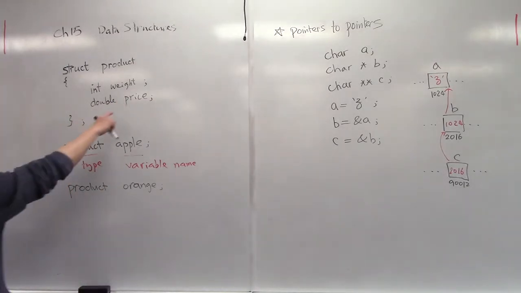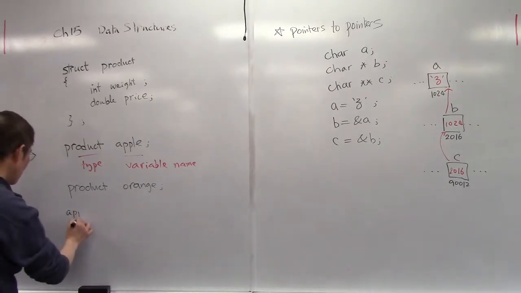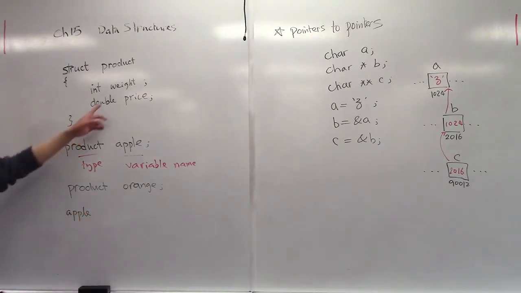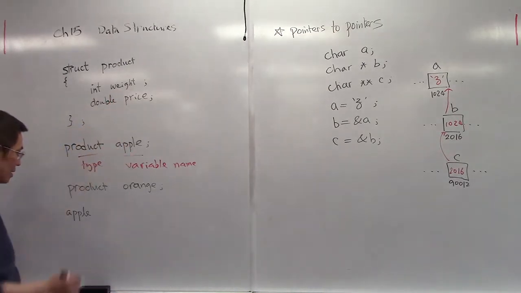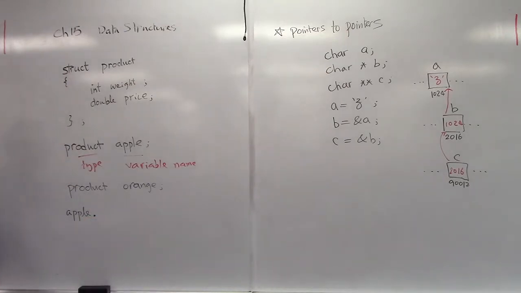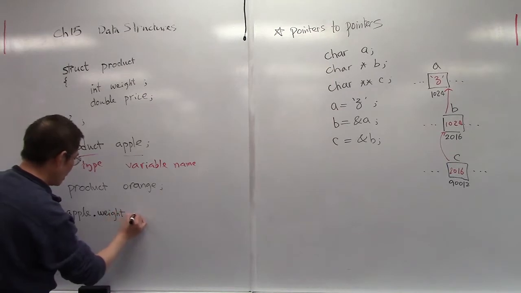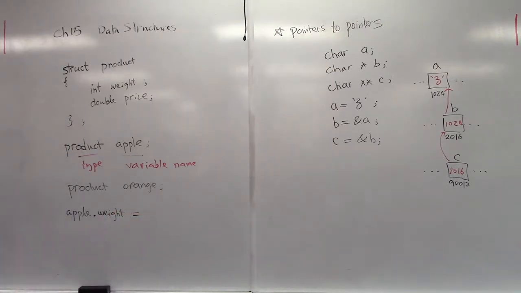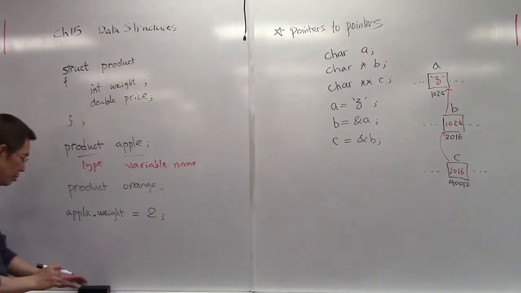Well, the way to access this is, apple will have two data inside its basket. You access that by this operator, the dot operator, and then weight. If, say, you have one apple, its weight is 2 pounds, you can do it like that. It is 2.